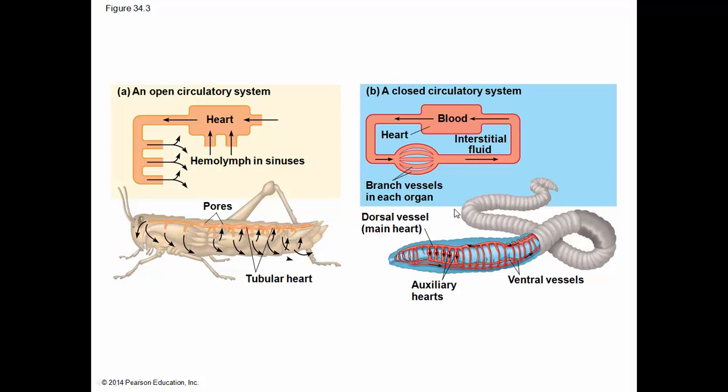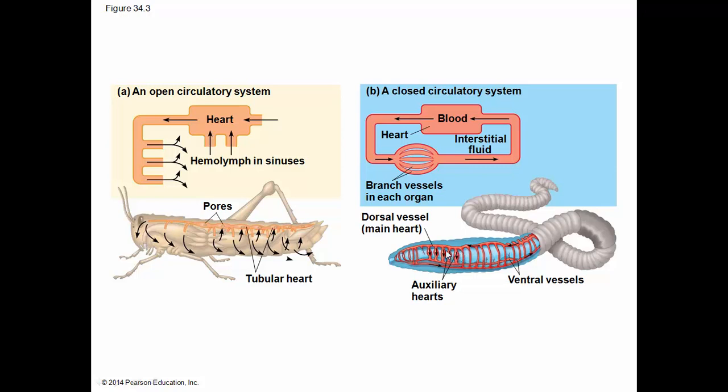Now the worm, the annelids, we're more interested in them because they have a circulatory system that is like our own. It's a closed circulatory system. The worm has hearts. It actually has 5 hearts. You may have heard that when you were a kid. I know when I was a kid I used to dissect worms and try to find the 5 hearts.